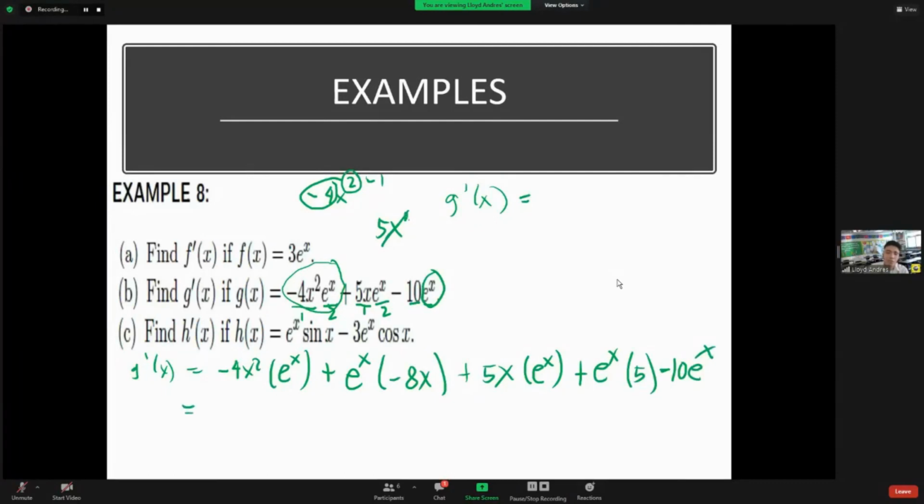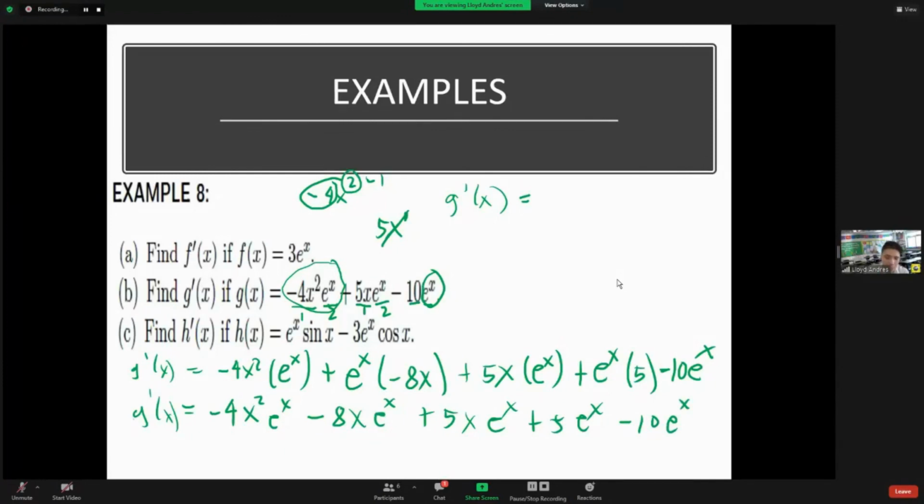Simplifying, g prime of x equals 4x squared e raised to x, algebraic first, minus 8x e raised to x plus 5x e raised to x plus 5 e raised to x minus 10 e raised to x.